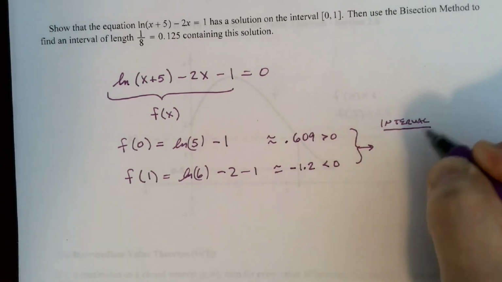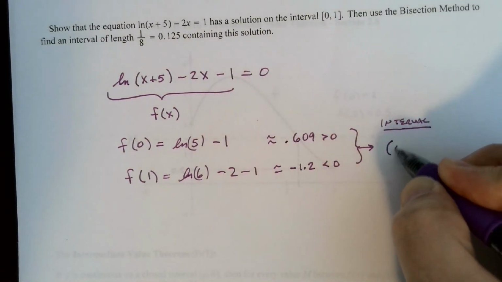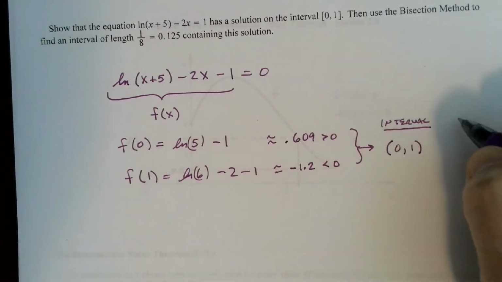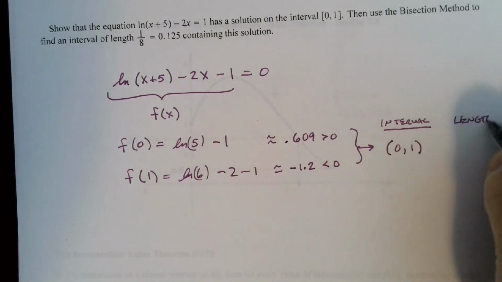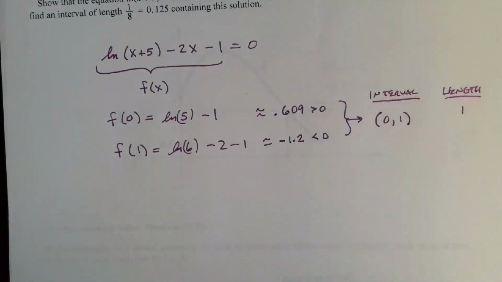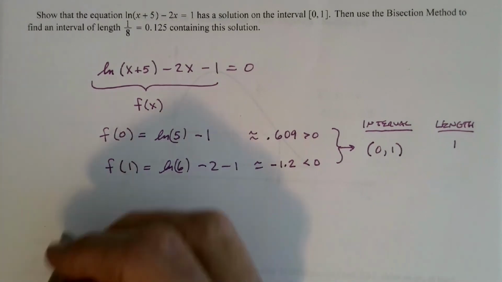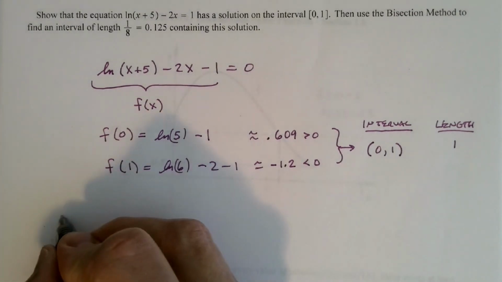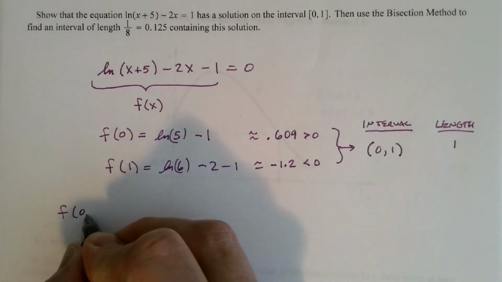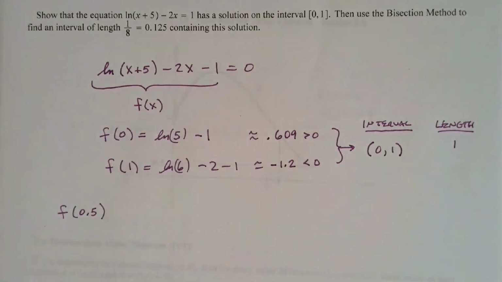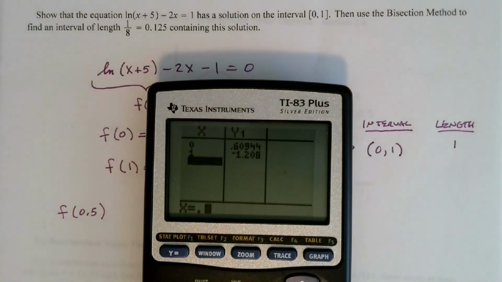The interval from 0 to 1. The length of that interval, of course, is 1 unit long, right? 1 minus 0 is 1. So we'll continue with the bisection method, right? I'll look at halfway between 0 and 1. That's 0.5. I'll plug in 0.5.